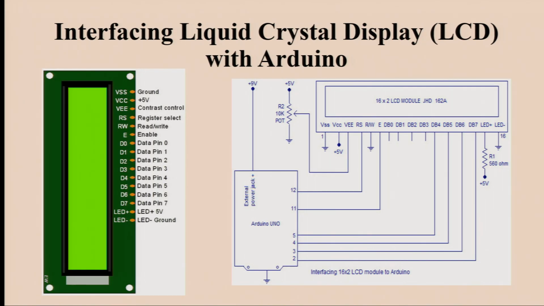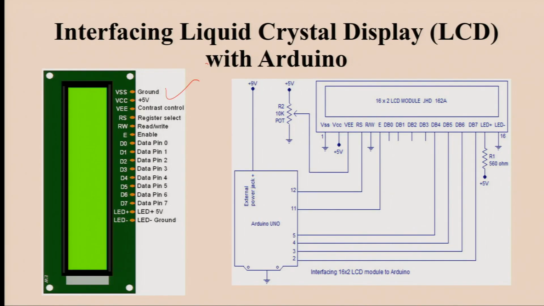So, let me first of all introduce you to some parts of your LCD board. As you can see on the screen, this is the normal pin diagram of your LCD board. On this, you have several pins, including the ground pin, VCC pin and some contrast control pins, along with register select, read write pins and enable pins.